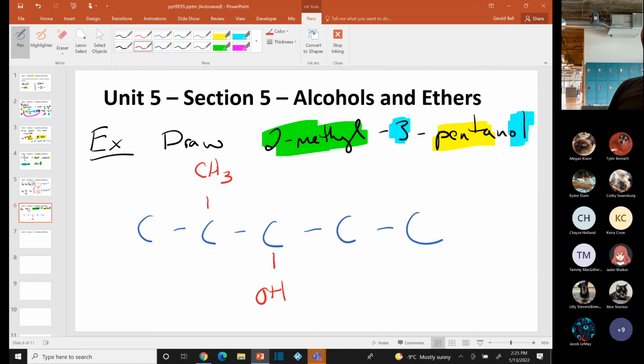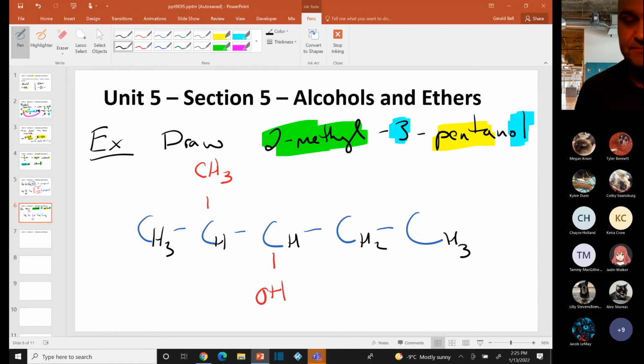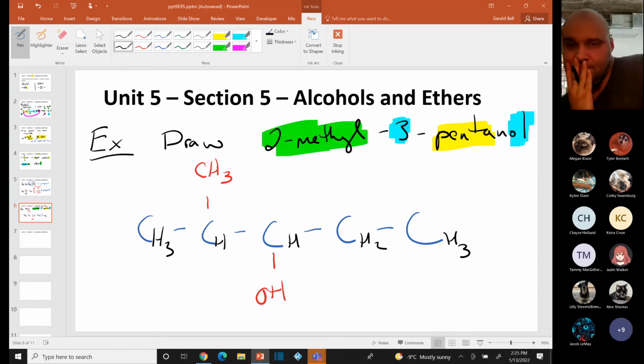And besides our hydrogens, that is all done. Draw the hydrogens in. Done. And that sort of wraps up alcohols.